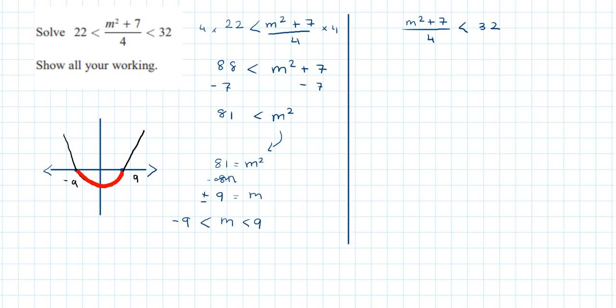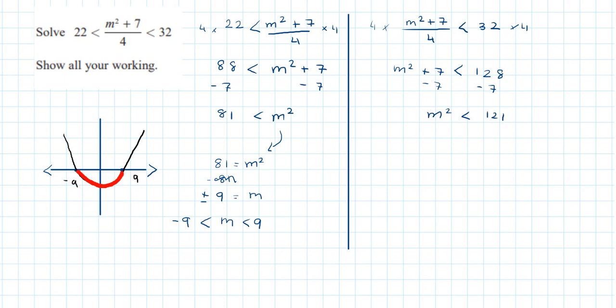Let's move on to the other one. Multiply by 4, so m squared plus 7 is less than 128. Subtract 7, so m squared is less than 121.